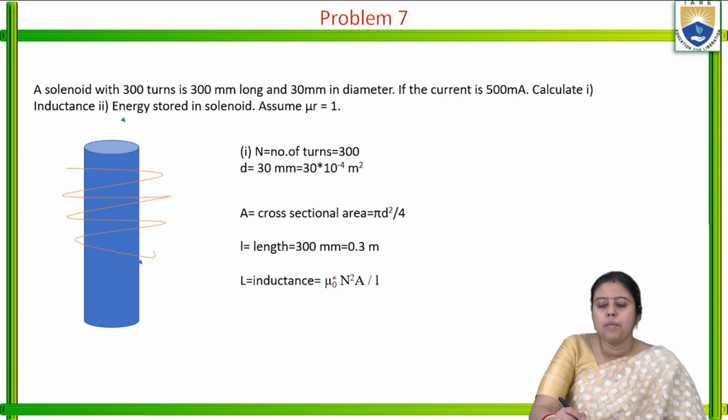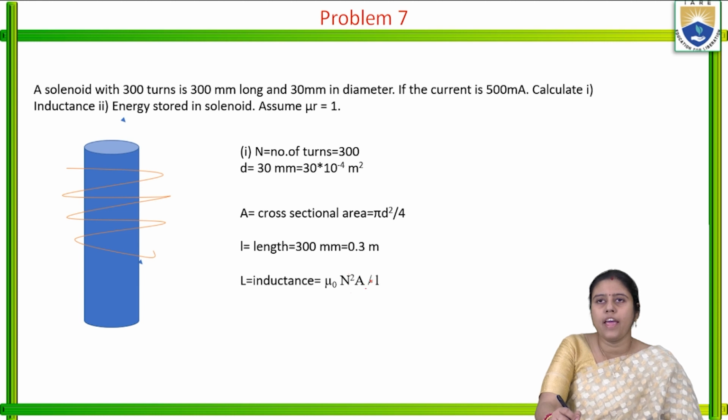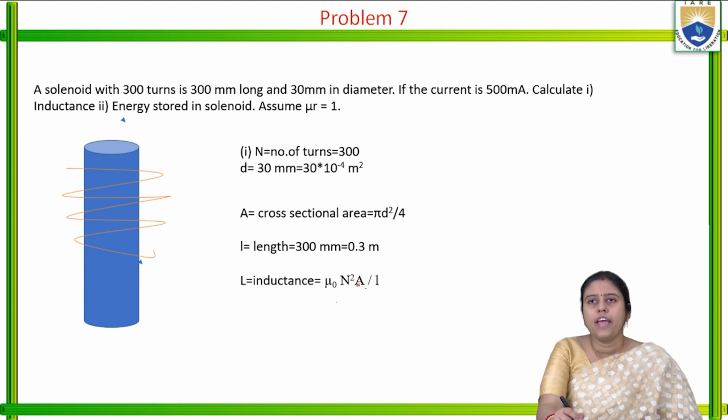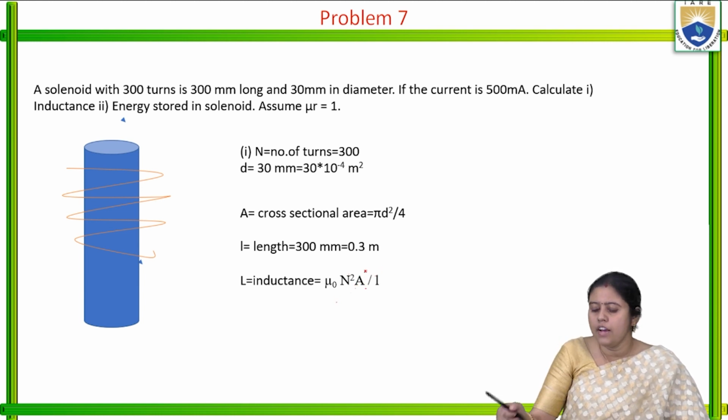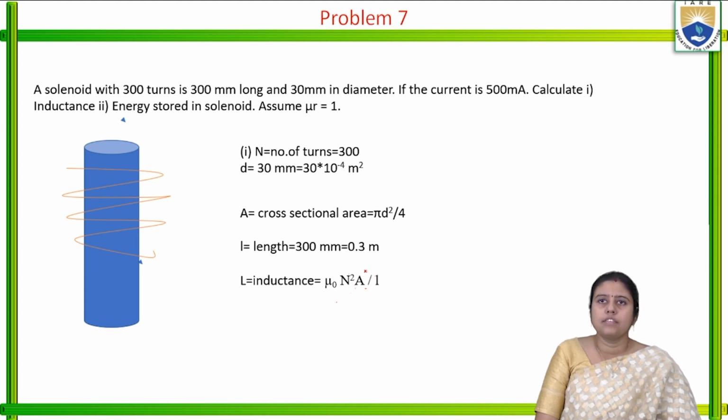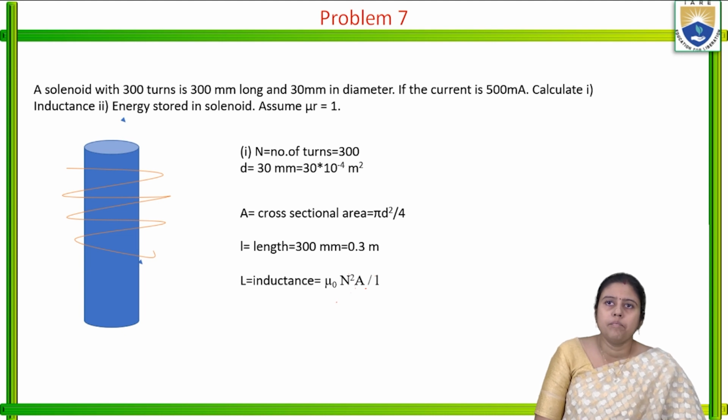The inductance value is mu naught N square A by L for a solenoid. Mu naught is the permeability of the medium, and N is the number of turns.